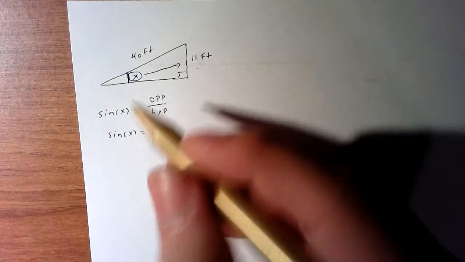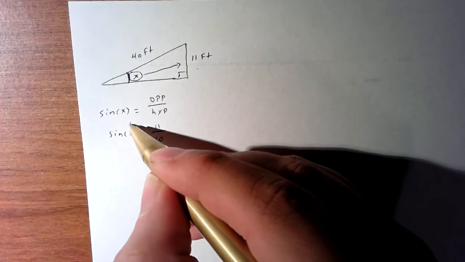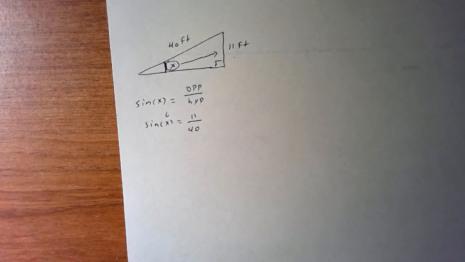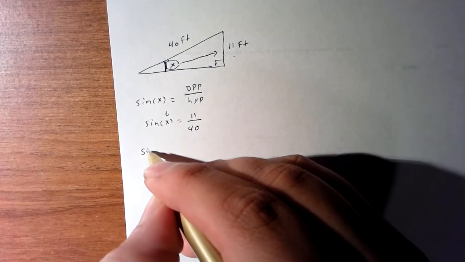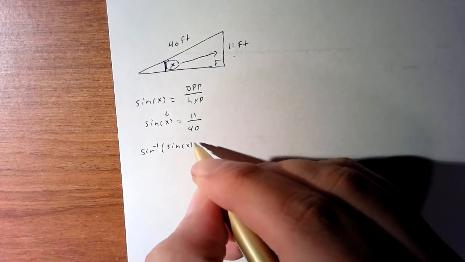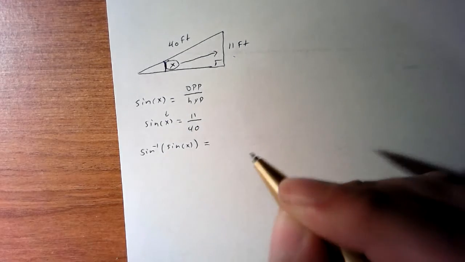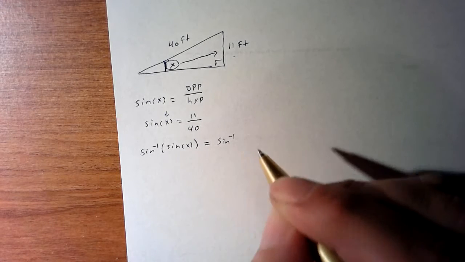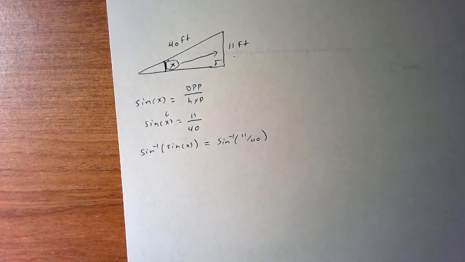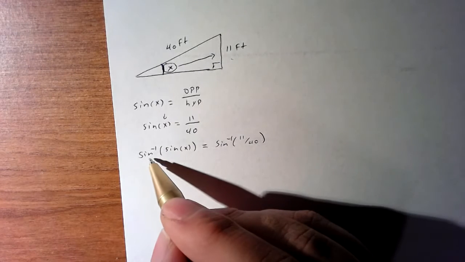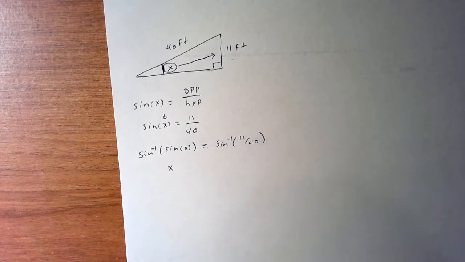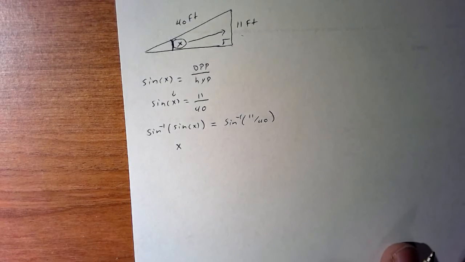This is the kind of problem where you need to solve for the angle. And to do that, we need to use our inverse trig functions. So sine inverse of sine of x. Again, you don't have to write this particular step, but I think it's advantageous to get used to this. The sine inverse and the sine cancel each other out, and we're left with the argument, which in this case is x.